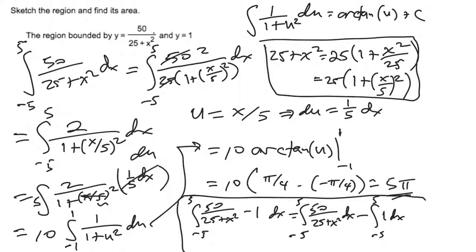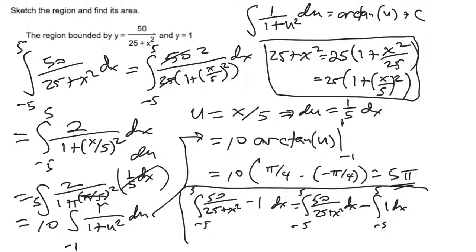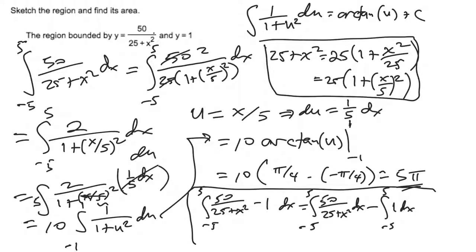Going ahead and doing the problem doesn't hurt anything, because I know the answer to this part is 5 pi. We just did that. And the answer to integrating 1 from minus 5 to 5 is 10. You can do it using familiar calculus, or you could draw a picture and see that it's a rectangle. It's a 10 by 1 rectangle. So this will be my final answer.